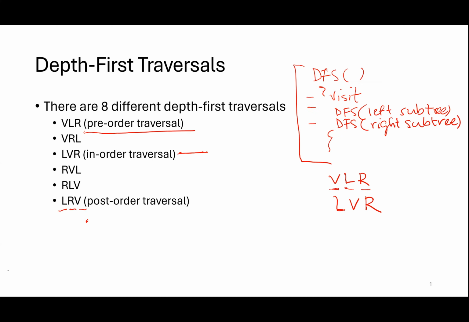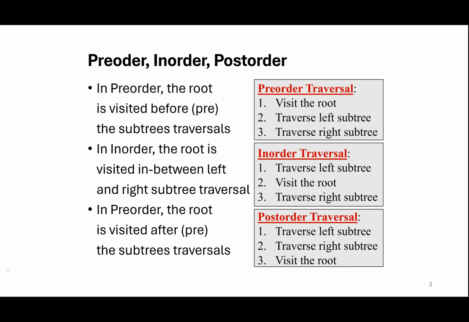We are just talking about these three because in all of them we visit the left subtree before the right subtree. But in your DFS algorithm, you can also visit the right subtree before the left subtree. Okay, so pre-order, in-order, and post-order.